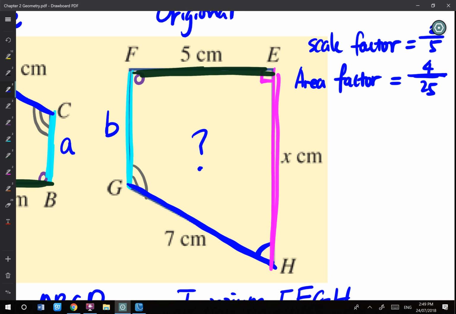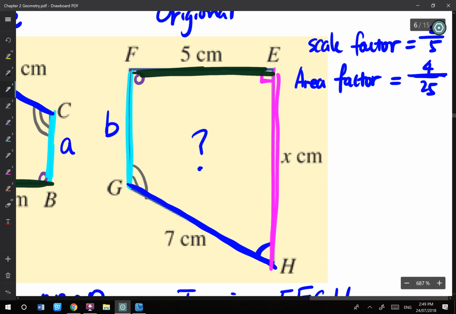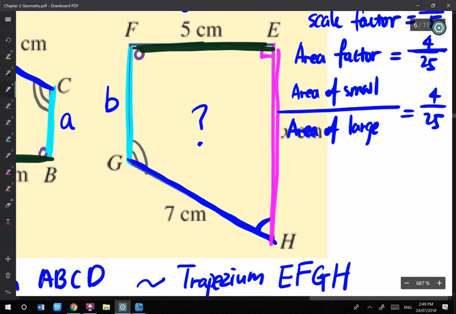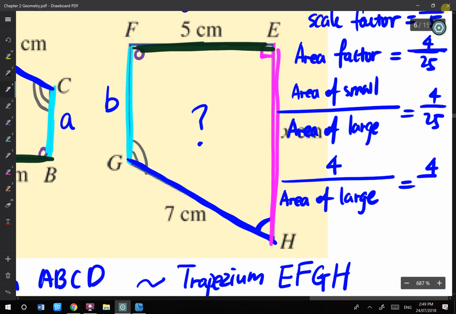So what do we have after that? The area factor is the area of the small one over the area of the large one. That equals 4 and 25. So the area of small is 4, which is given in the question, over the area of large, and that equals 4 and 25.